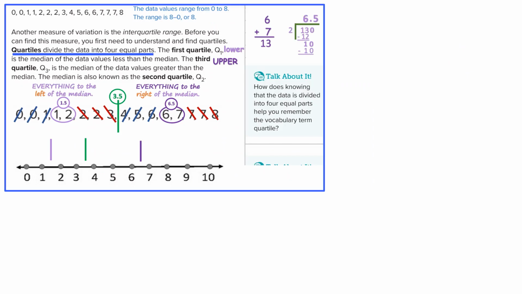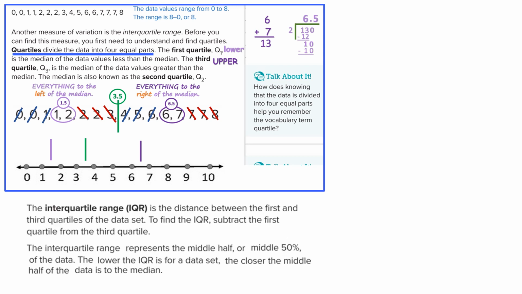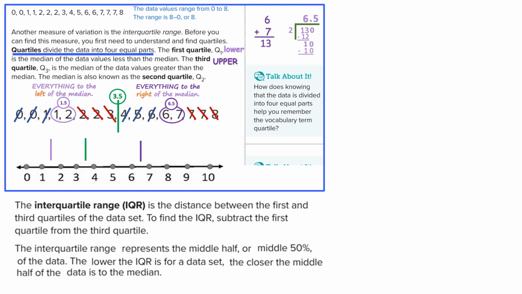Now, once I have that information, then I have to look at how I'm going to use it to answer the questions that are being provided. So when we talk about the interquartile range, all right, range is the distance from the highest number to the lowest number. The interquartile range is looking at the 2 middle quarters, or 50% of the data that we've collected.